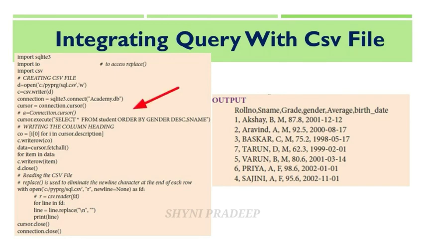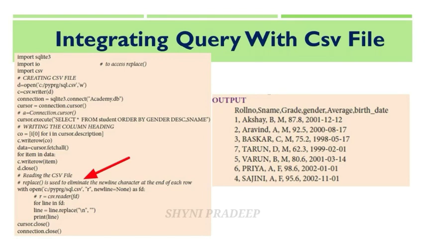See here, select star from student order by gender descending, which means DESC, and name. So here you have to arrange the student name and gender in descending order. Here the replace function is used to eliminate the new line character at the end of each row.